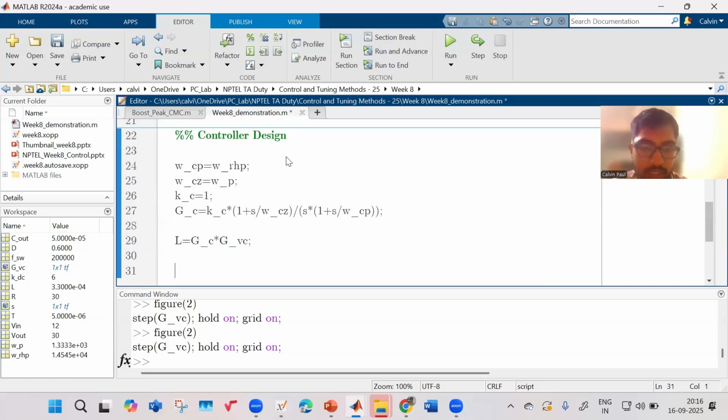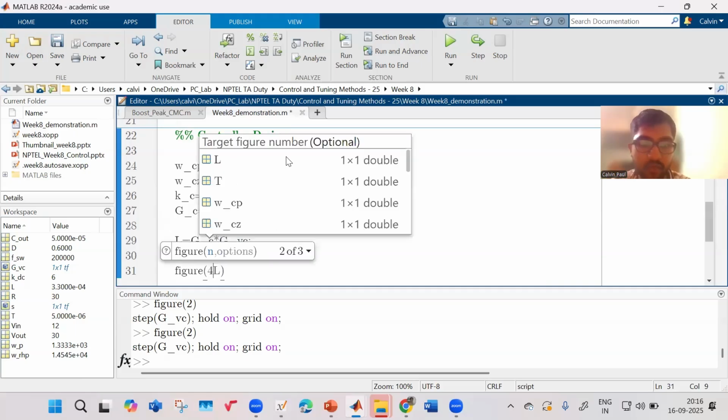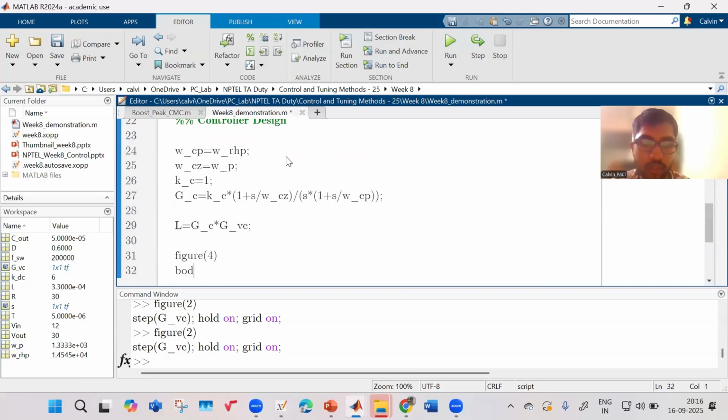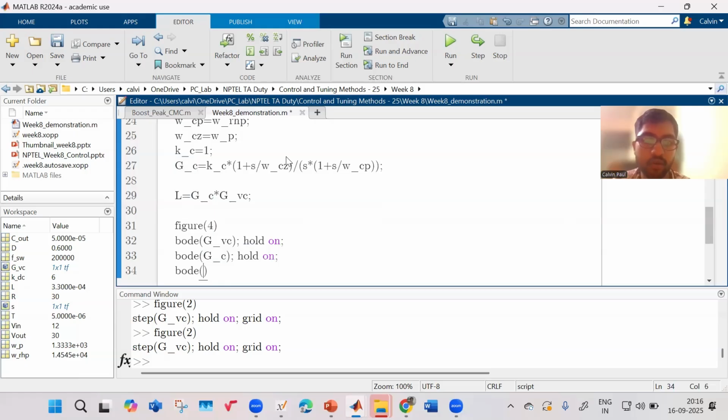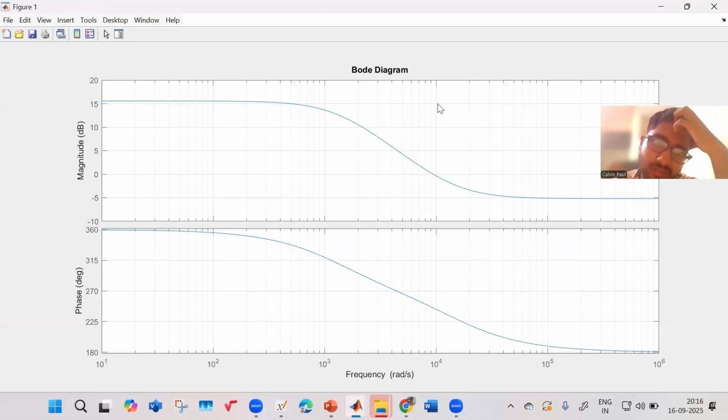Now, let us make figure 4. Bode of GVC, that is your original thing. Hold on. Bode of your controller, that is this. Hold on. And the Bode of your loop, that is 2. Let us just plot it with controller KC and see how it looks.